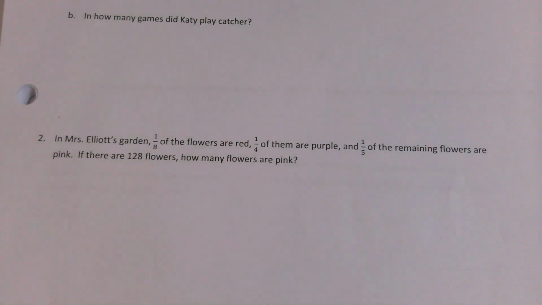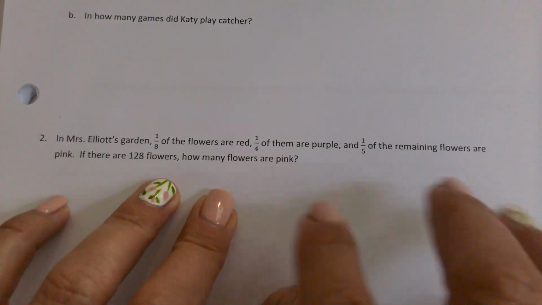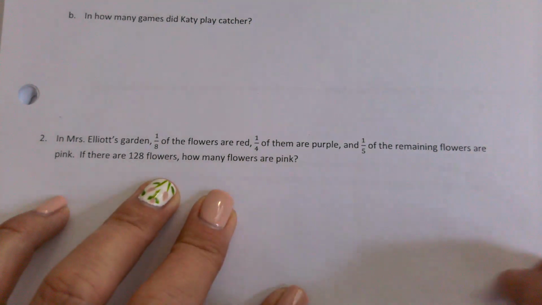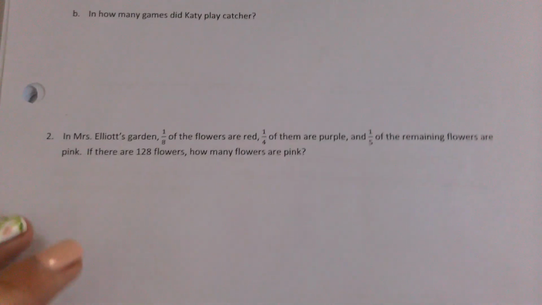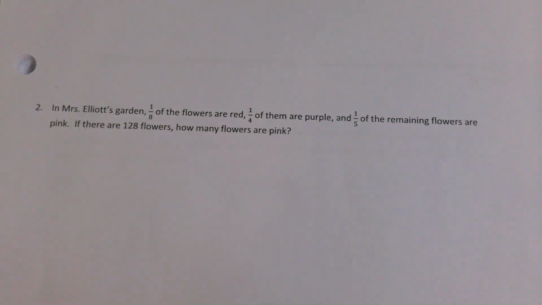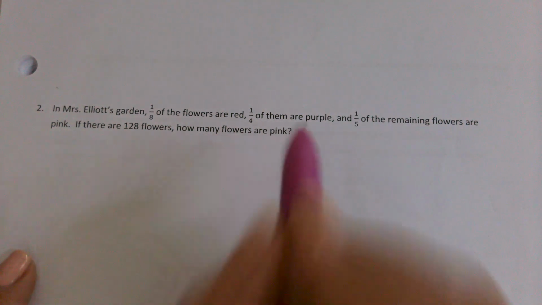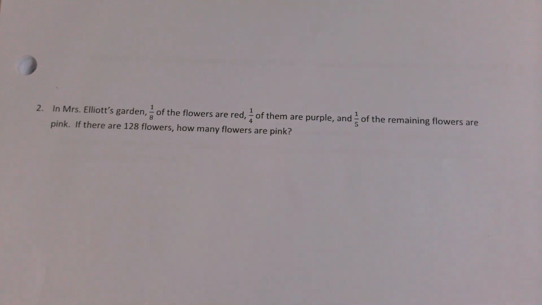So you draw out a tape diagram, block this out, put in what you know before you can even solve for 1/5 of the remaining. This doesn't have to be as difficult as you can make it, but it might take a little bit before you can find out this part right here. Okay, I'm going to stop because otherwise it's too hard for me not to start the problem.